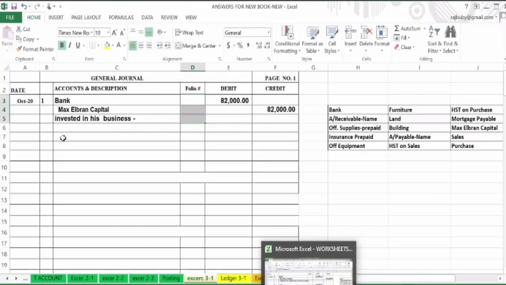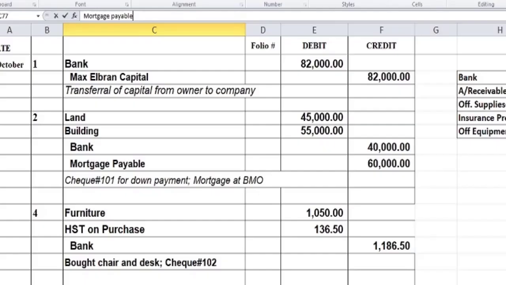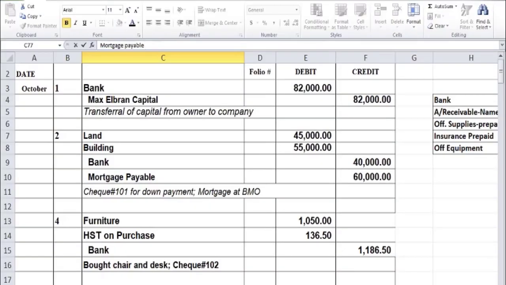Should I combine both, or should I separate? No, you have to separate them, because there are two different fixed assets, the land and the building. Because for land you don't have depreciation, that's why you have to separate. Okay. Land and building are debit.